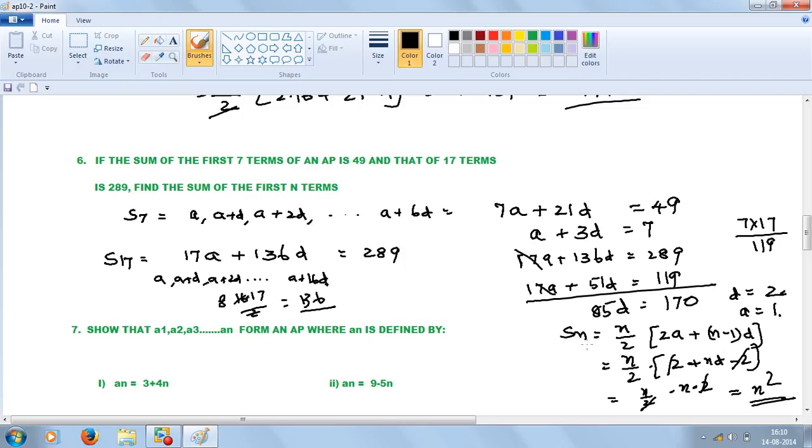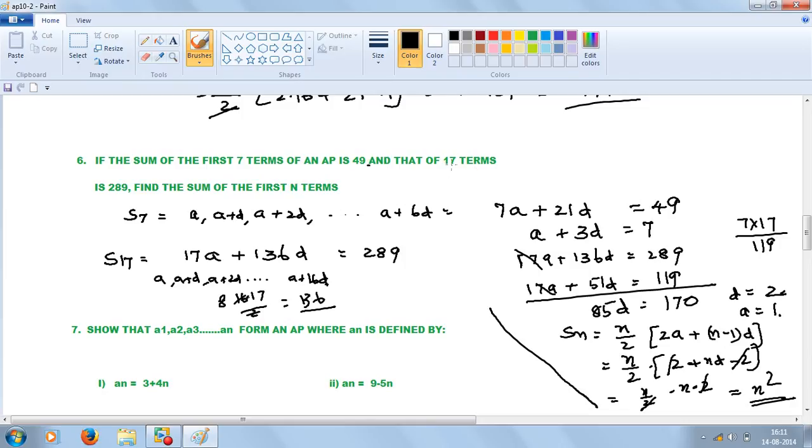So the sum to n terms is equal to n square. This is a little difficult problem, try to practice two times. Find the first n terms: Sn is equal to n square. Now you can cross check whether the answer is correct. The sum of 7 terms is 7 square.